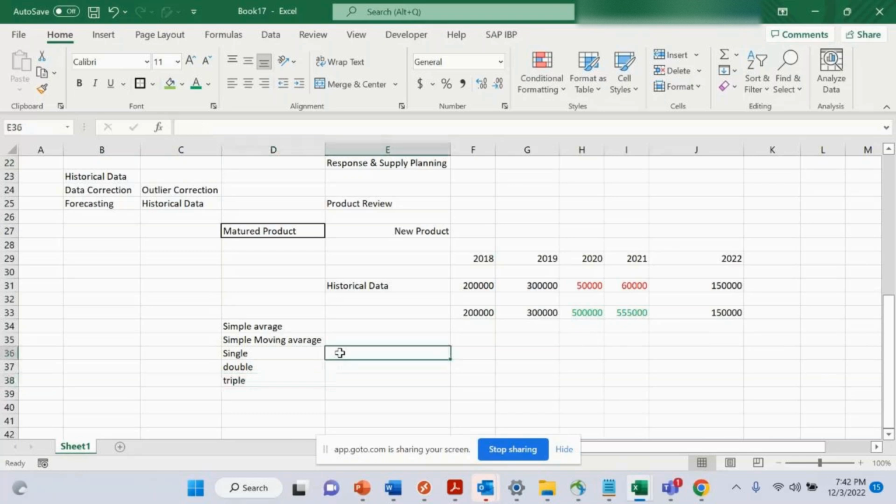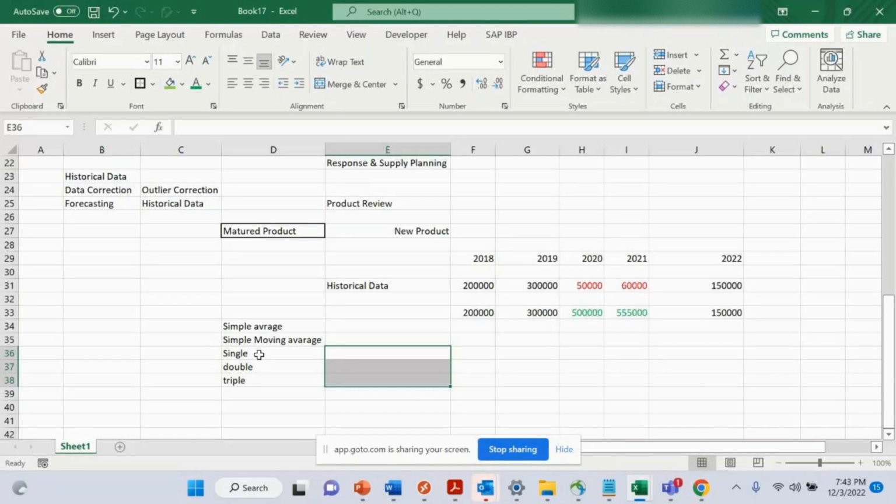In single we have a parameter called alpha, then there is beta and gamma. Most businesses have seasonality and trends, and if we consider both of them, then we go to triple. So these are all the models available in IBP, and all of them are arithmetic based.